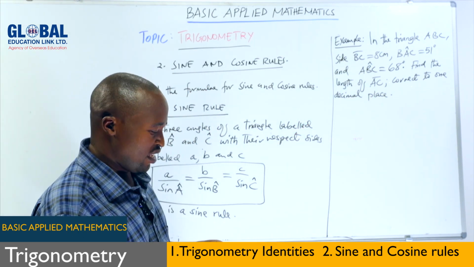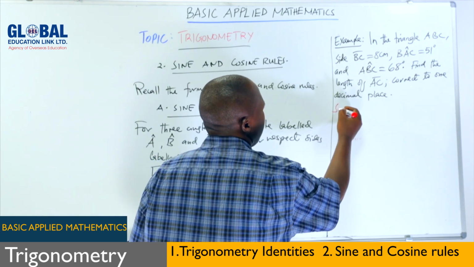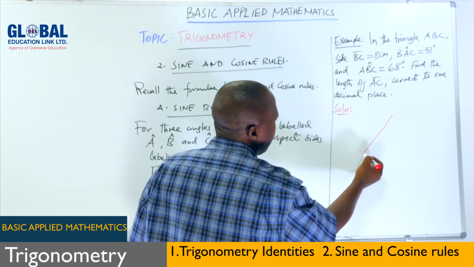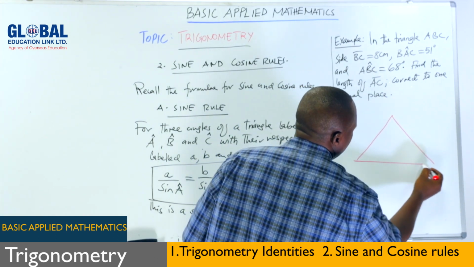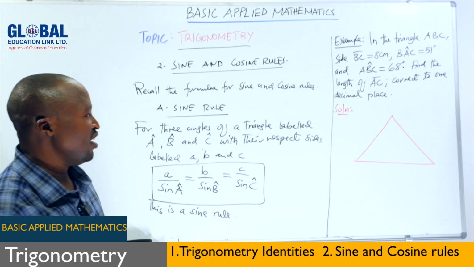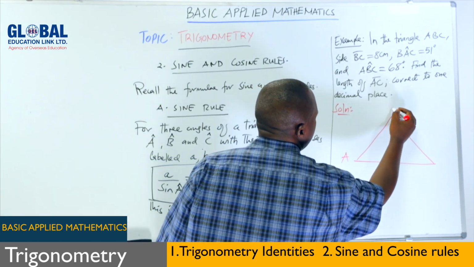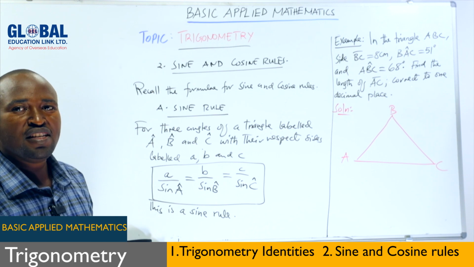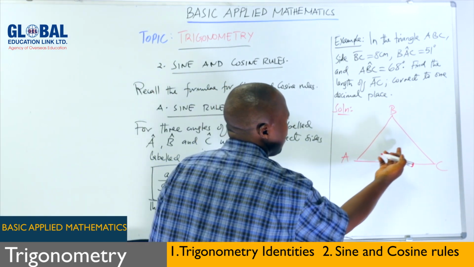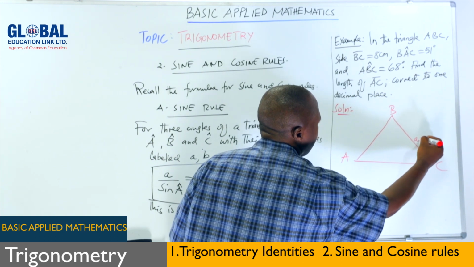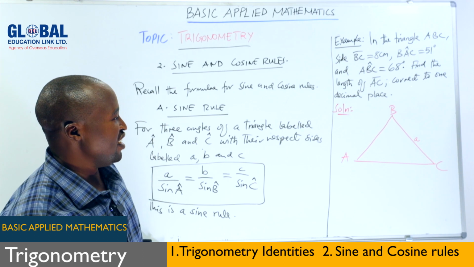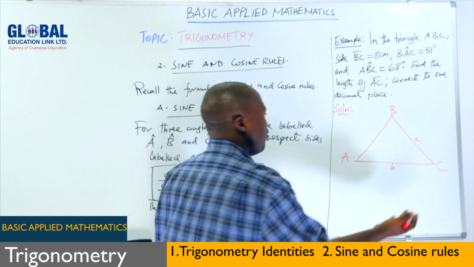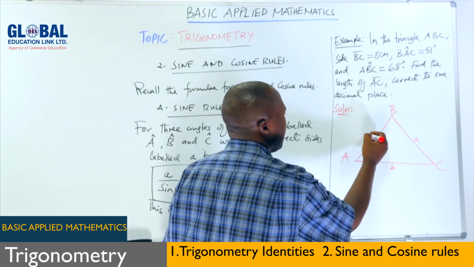Let us make a sketch for the triangle labeled A, B, and C. Opposite angle A we have the length A, opposite angle B we have the length B, and opposite angle C we have the length C.